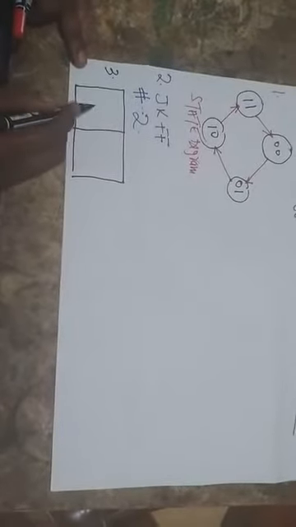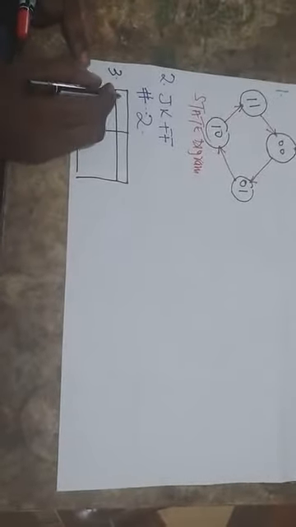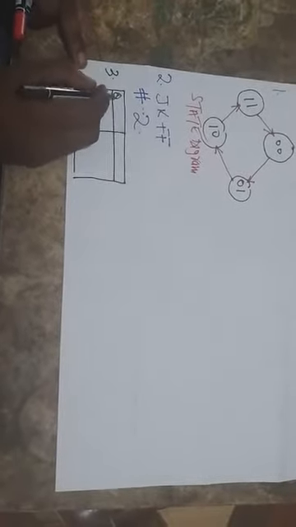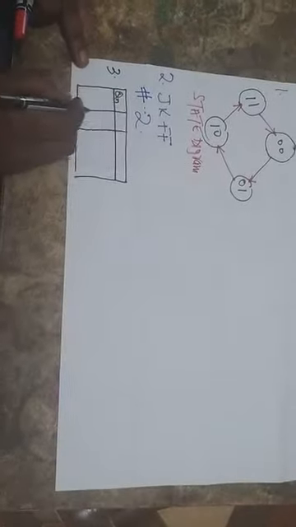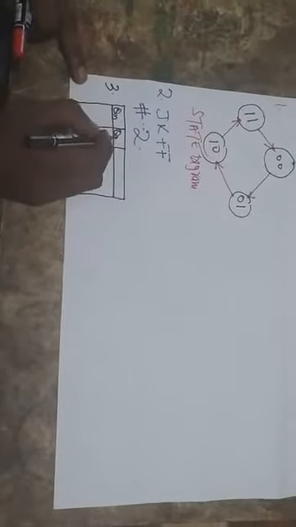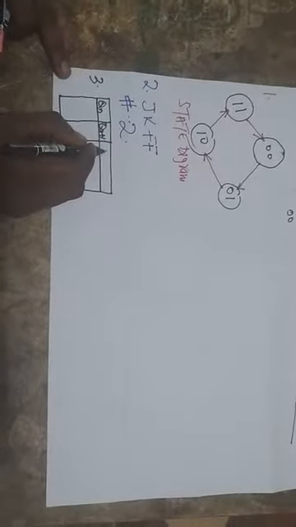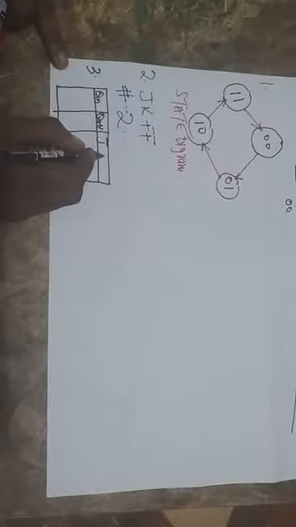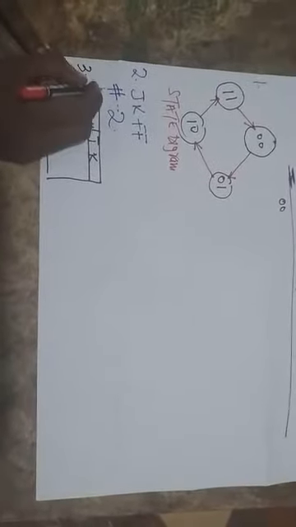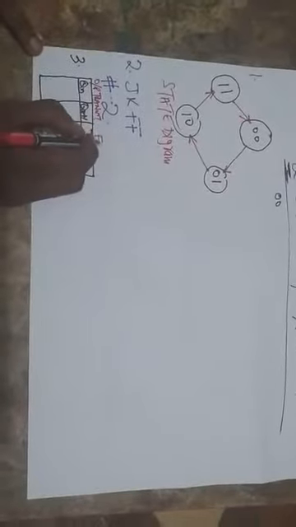In the excitation table, we have the present state and the next state, and then we get our J and K, which will be the inputs. So this side is the output transition, and here is our flip-flop input.